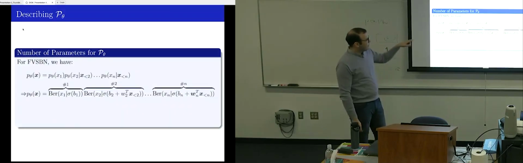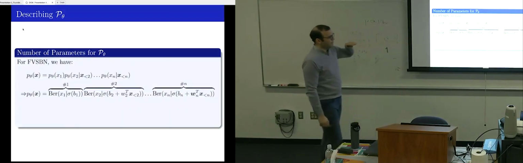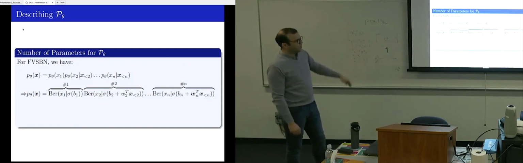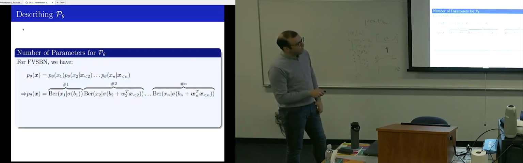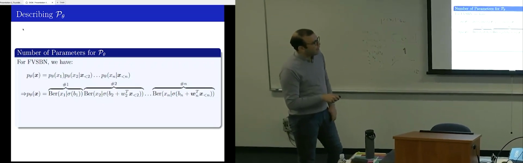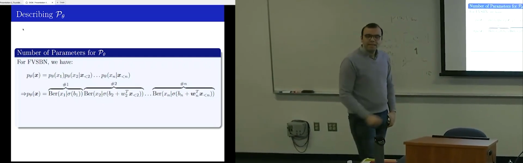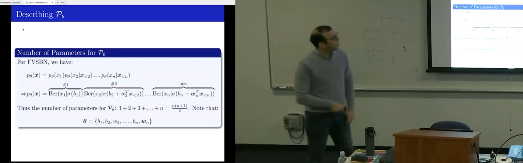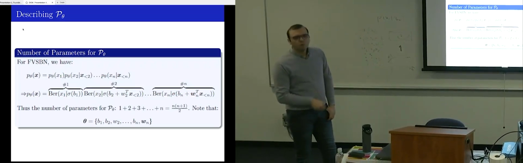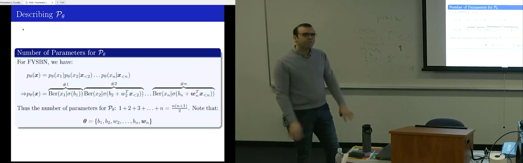But here, for our case, we start some limitations. The first one has just one parameter, which is B1. The second has 2 parameters, B2 and W2, because W2 is still a scalar, because x less than 2 is just one element. And the last one has n parameters. So totally you have n times n plus 1 over 2. So you drastically reduce the number of parameters of the model.